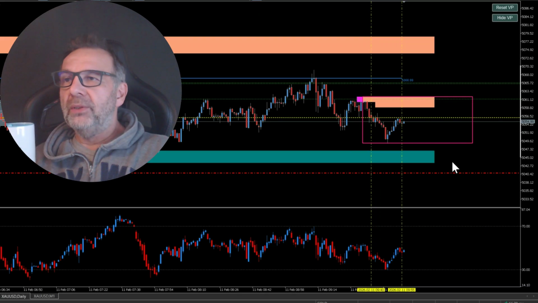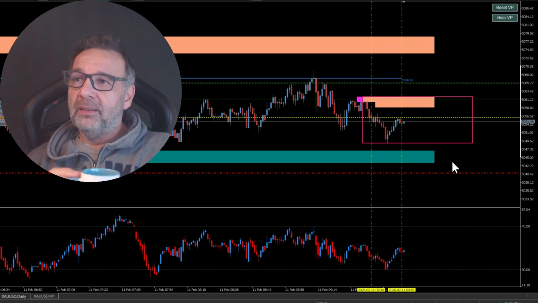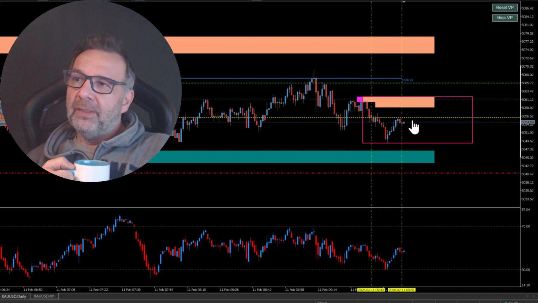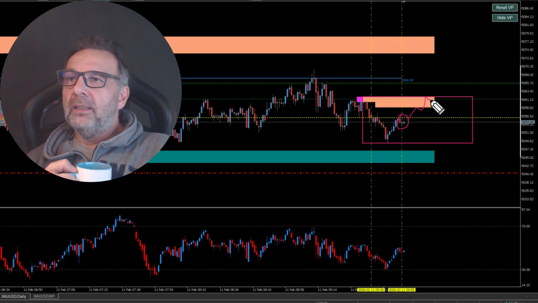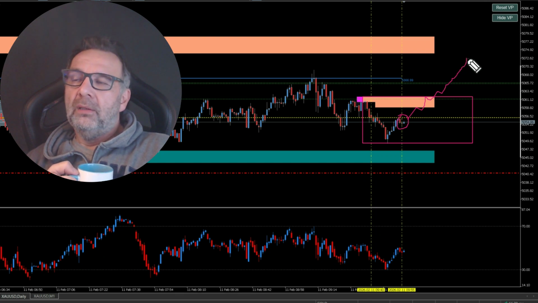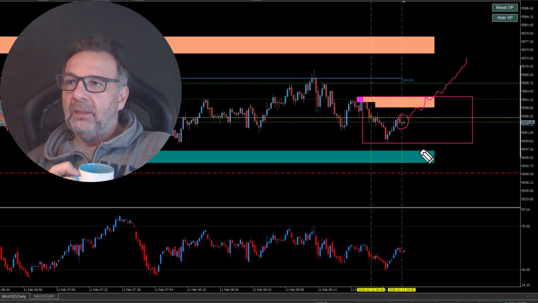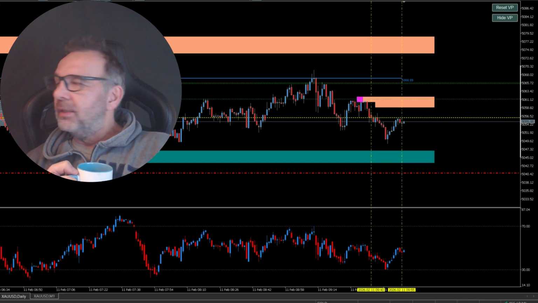If your bias is to the upside, as mine is, from this zone, because it's a timing zone now, what you'd like to see is a steady up move, going higher. And if it goes lower, then obviously we're going to get stopped out, and that's basically it.